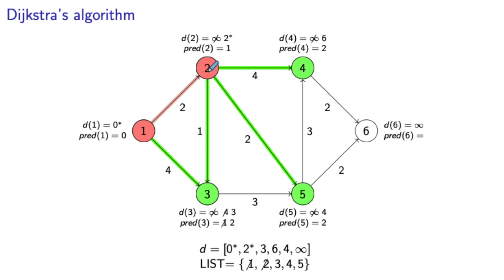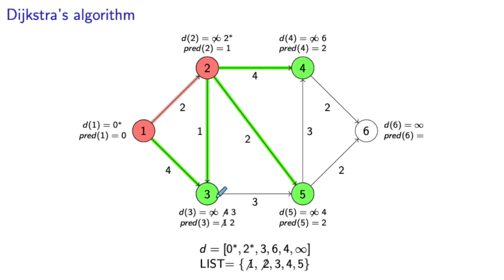So when we go from 2 to 3, the way we try to update the label, we look at the distance label for node 2, which is 2, which means that we reach this label by the distance of 2 from node 1, right? And then if we go from 2 to 3, we need to add the weight of this arc in order to update the distance in which we reach node 3 by coming from node 2.